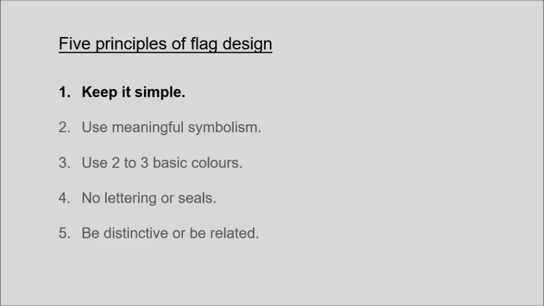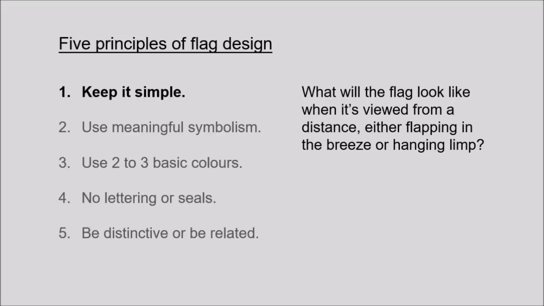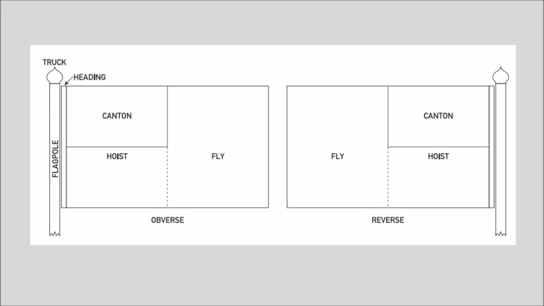Furthermore, and this is, I think, the key point, a flag will be seen from a distance, often flapping in the wind. So you've got to think about how this flag is going to appear if you're looking at it from far away, when it's flapping in the breeze, or when it's hanging down, if it's limp, when it's not windy. This is one reason why what's known as the canton of a flag is quite an important spot.